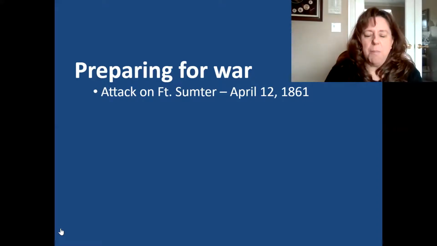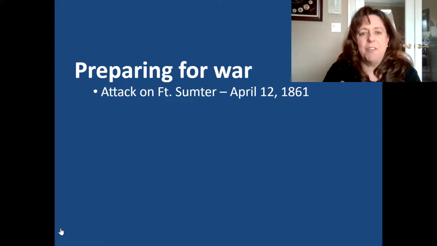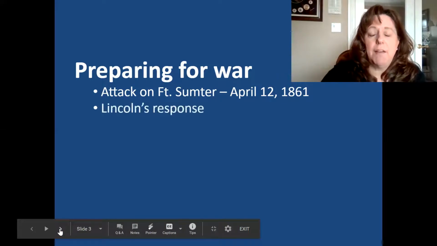And out in the harbor is this island. And on the island, there is this fort. And what had happened was the Southern fleet attacked it, launched cannon fire at the fort, and it wasn't like one bomb blew up, but it was this attack on it that was officially the beginning of the war.